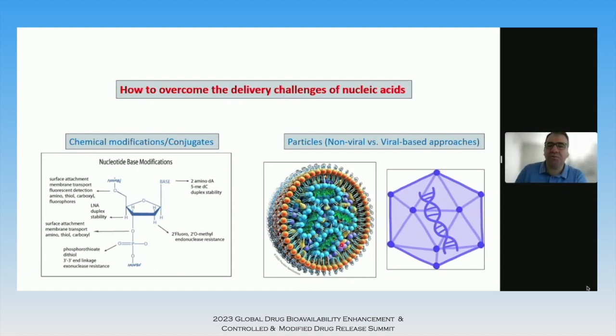So usually we go with a particle-based approach, whether it's viral or non-viral, to protect these larger cargoes from the extracellular barriers and also to facilitate their cellular internalization and then later the translation or expression, whatever these cargoes are designed for.